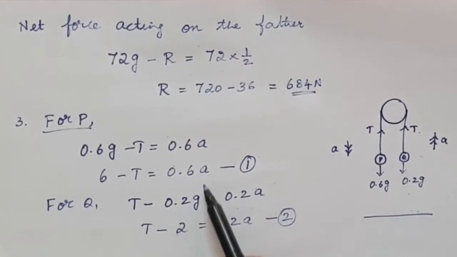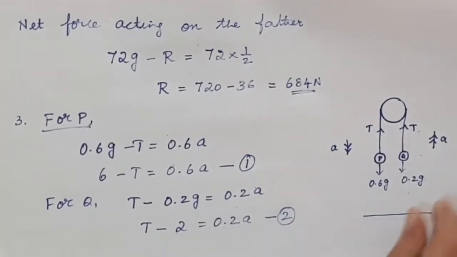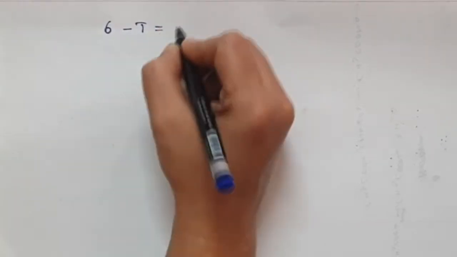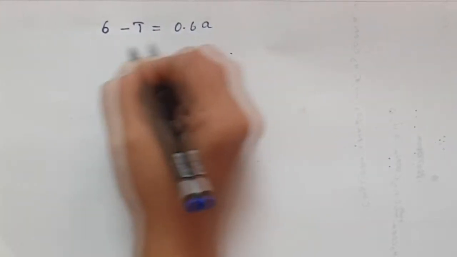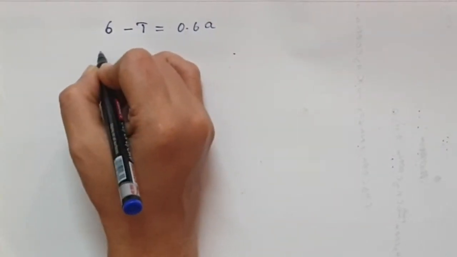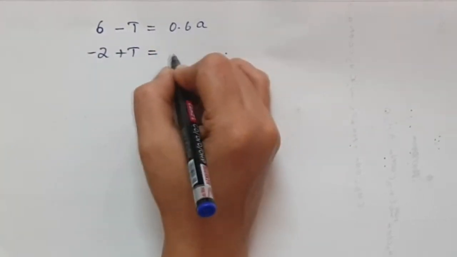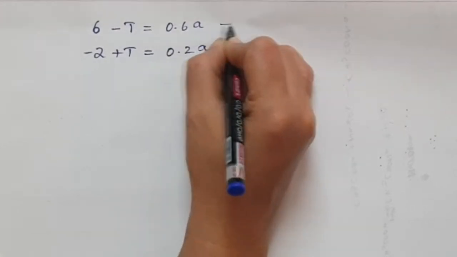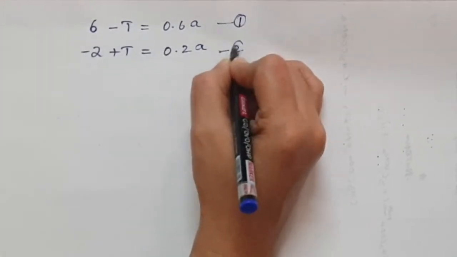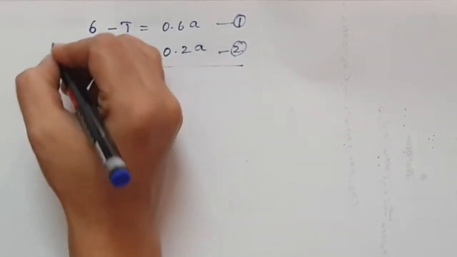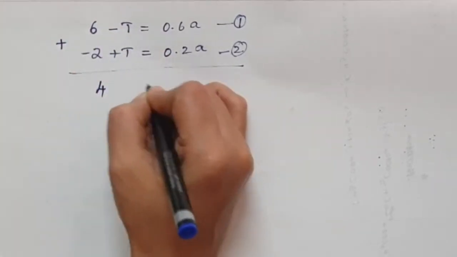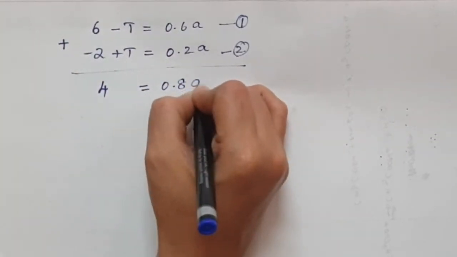Now we solve equations 1 and 2 simultaneously. That is 6 minus T equal to 0.6a and minus 2 plus T equal to 0.2a. This is equation 1 and this is equation 2. When we add these two, it will be 4 equal to 0.8a.